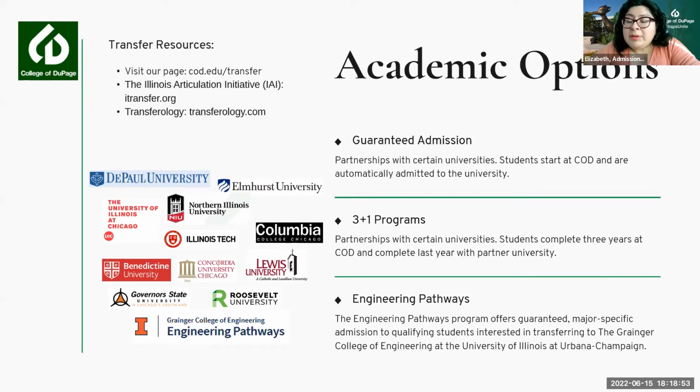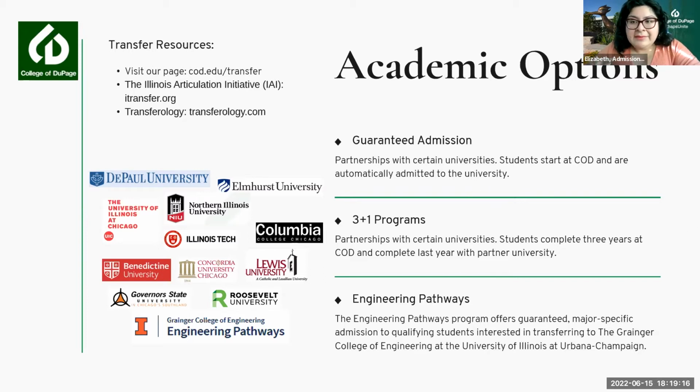Then we have 3+1 programs. 3+1 programs are with very specific universities for very specific majors. So it's only with a few universities and only for a few different majors. But the 3+1 programs are where it's 3 years at College of DuPage and 1 year at that partner university.